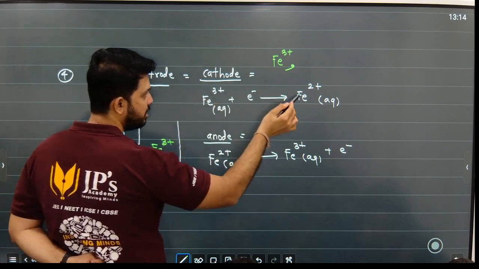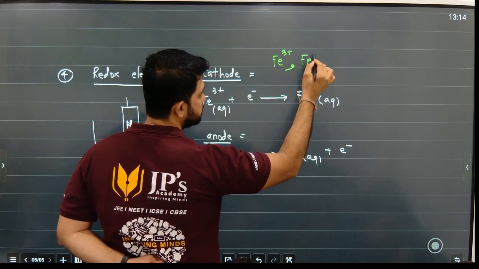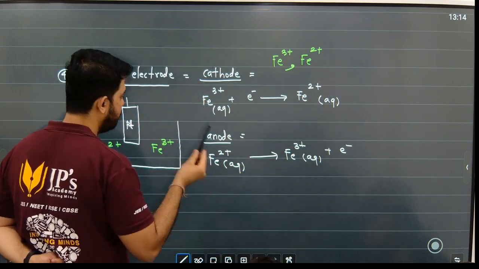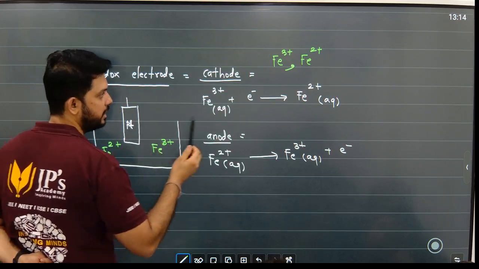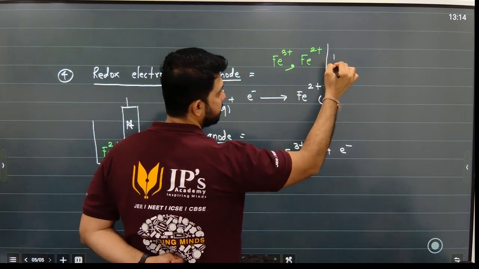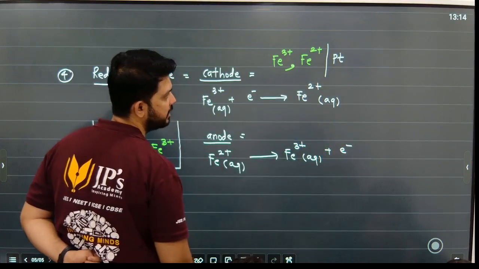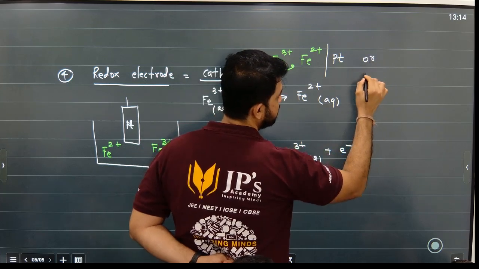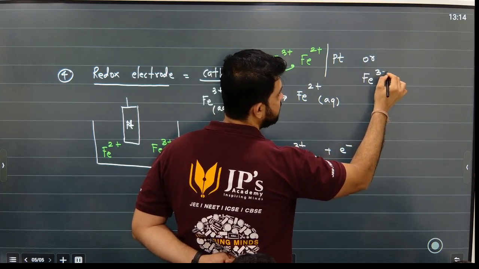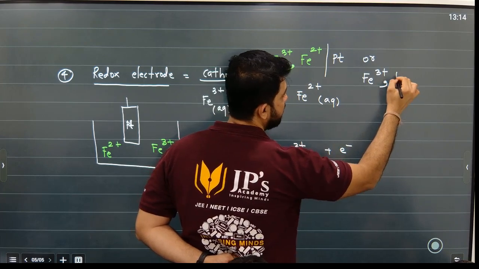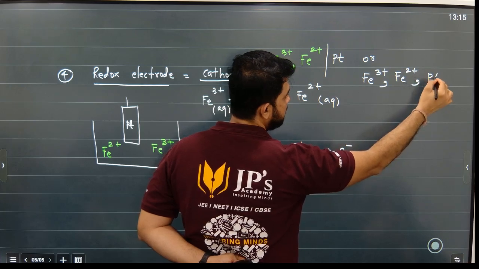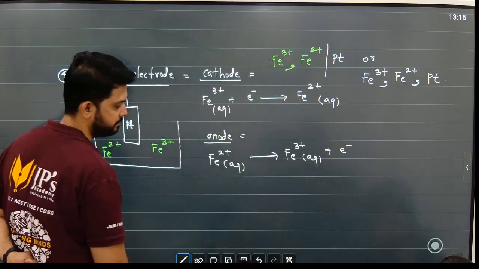Getting converted into Fe2 plus, which is also aqueous. And you also have an inert electrode. You can either write it like this or Fe3 plus, Fe2 plus, and the inert electrode.